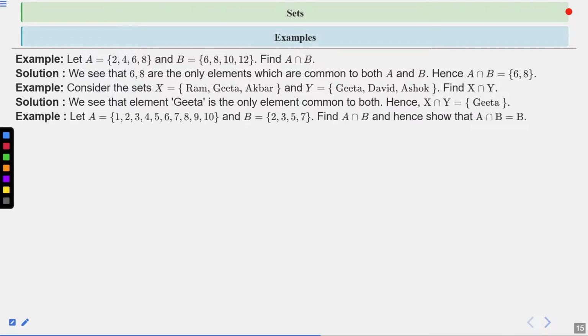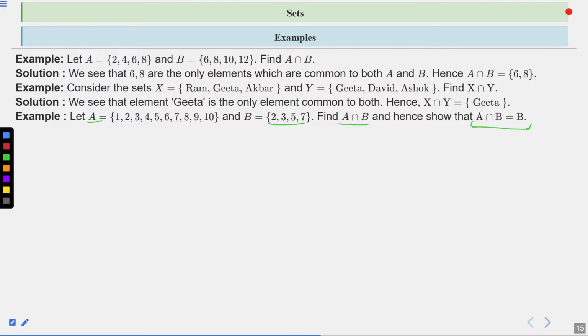Now, in this example, suppose set A has 10 elements, the collection of the first 10 natural numbers, and set B has 4 elements: 2, 3, 5, 7. Find the intersection and show that A intersection B is B. Can somebody answer why we are getting A intersection B as B? Is there any general remark about this?